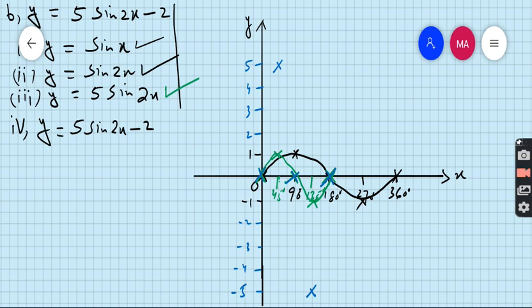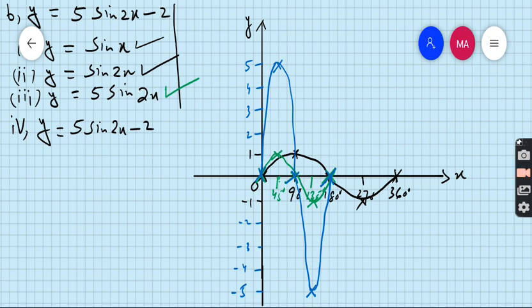Okay, so now our graph is join all blue squares. This one, this one, this one, and this one.